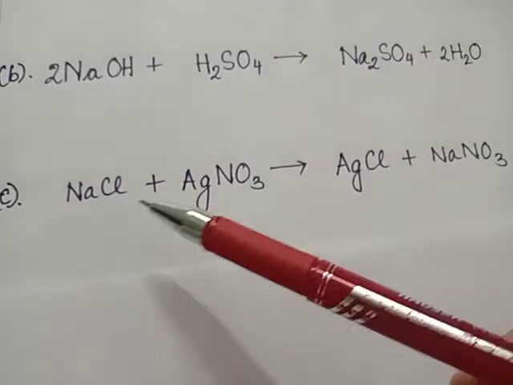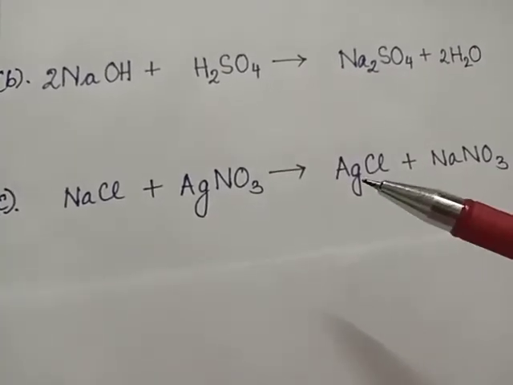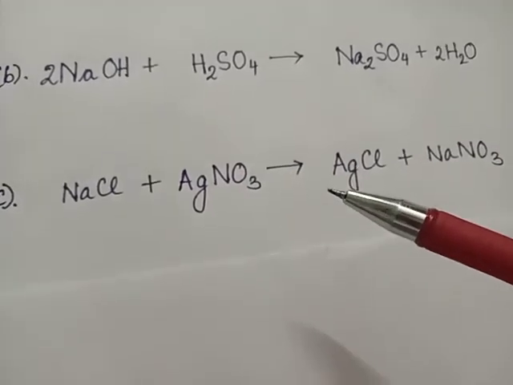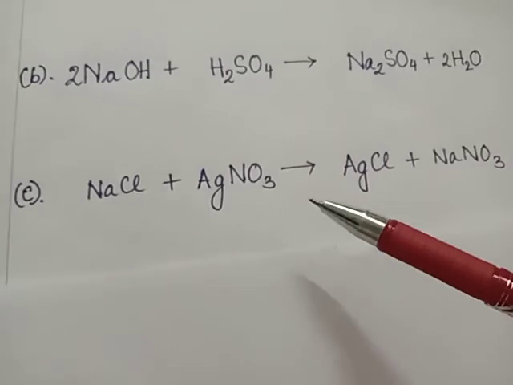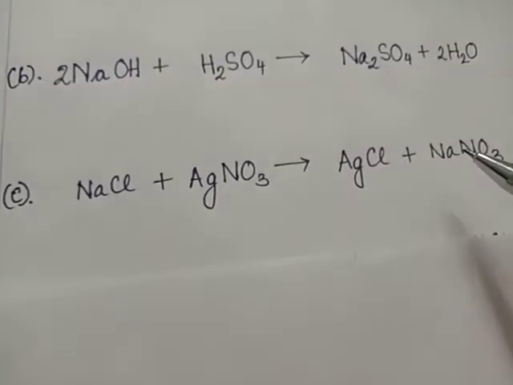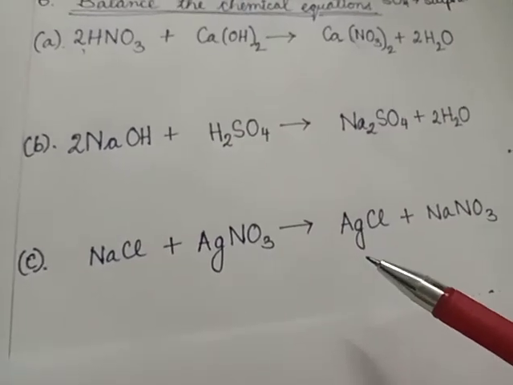So in the exam, if this question comes, instead of just doubling or tripling the number of atoms or molecules, we can write the equation as it is in the answer. Since it is already a balanced chemical equation, this equation 6C is already balanced.